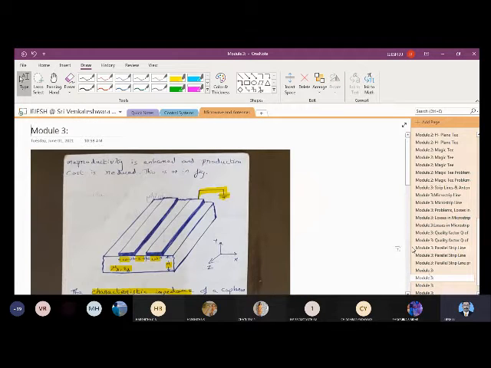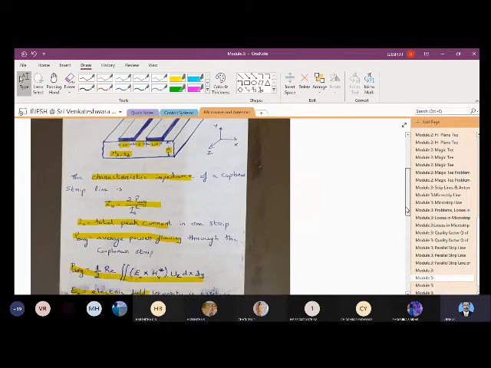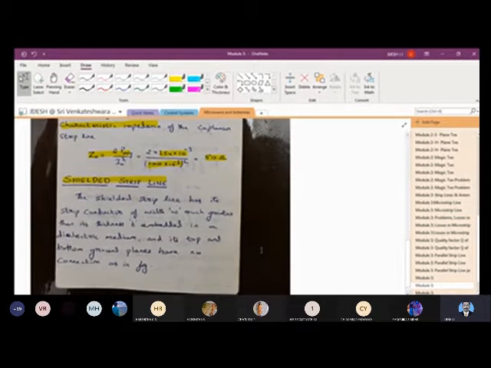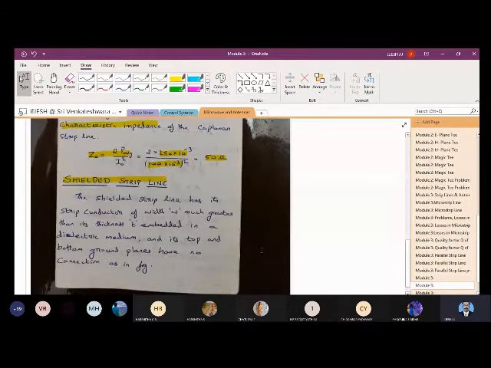But in the case of the shielded strip line, you have the strip being surrounded completely by the dielectric material. So it is not having any contacts with the air space. The shielded strip line has its own strip conductors of width W greater than its thickness T, and is embedded in the dielectric medium.